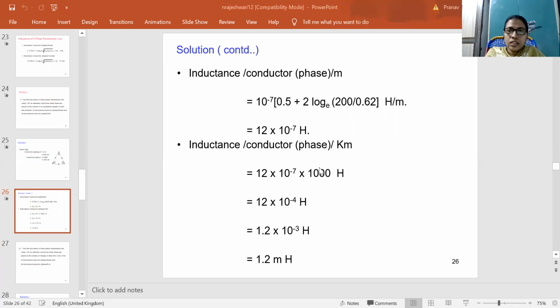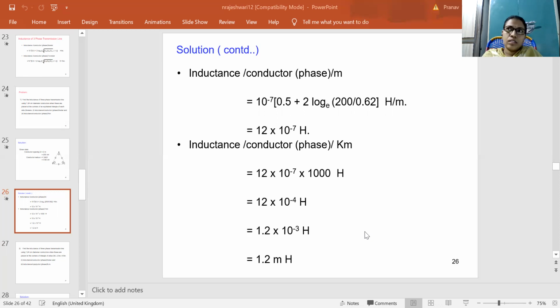In that, it is plus 3 minus 7, so we'll get minus 4: 12 × 10^-4 Henries, and 1.2 × 10^-3 Henries. So 1.2 millihenries is the inductance per conductor per kilometer of the three-phase symmetrically spaced conductors.